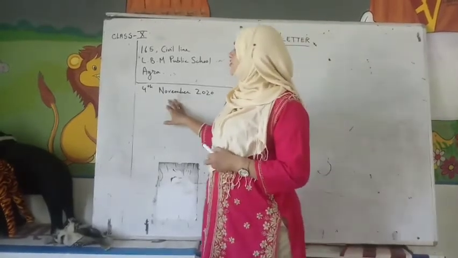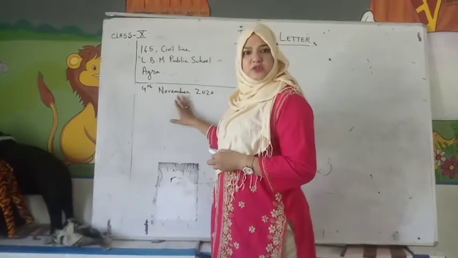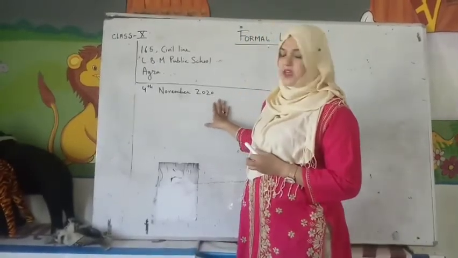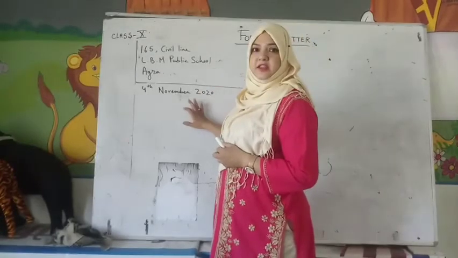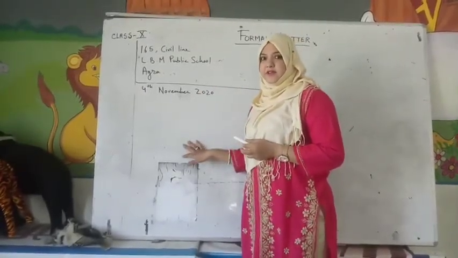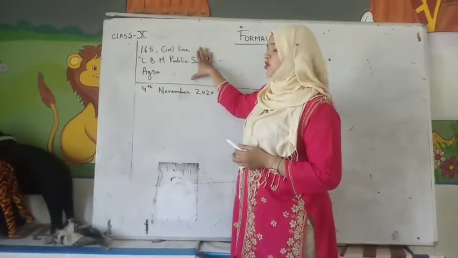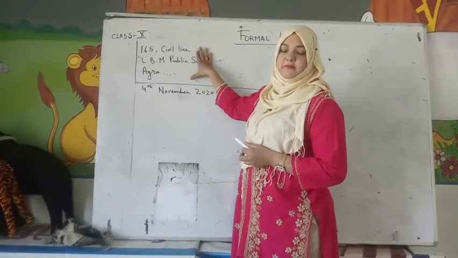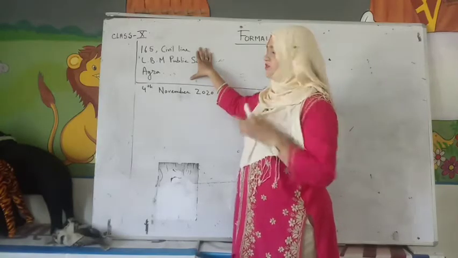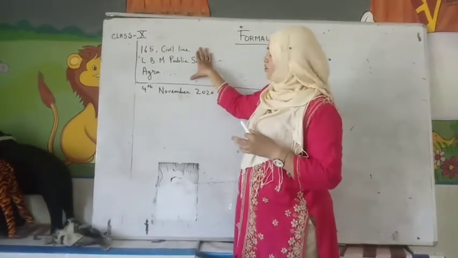You cannot write 4-11. That is going to be wrong. Marks will be cut. Each and every thing has marks in the letter. If you write your address wrong, marks will be cut. There are certain marks kept for the address, so you have to be careful.